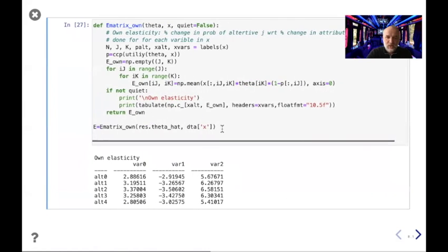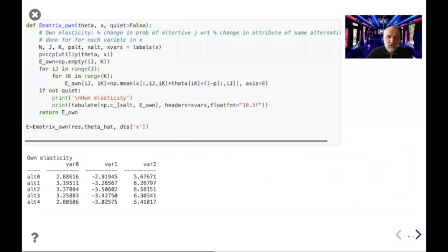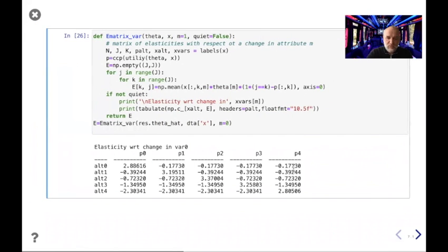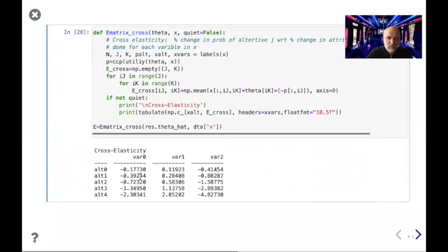Then you can also calculate the cross price elasticities. For this first variable, that corresponds to all the cross price elasticities for the different alternatives. So you have like minus 0.17 here, then 0.9, minus 0.17, then you get 0.39. That's the second one for alternative 0, for alternative 1, and so on.